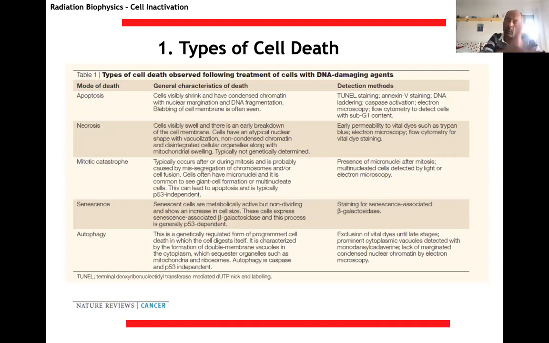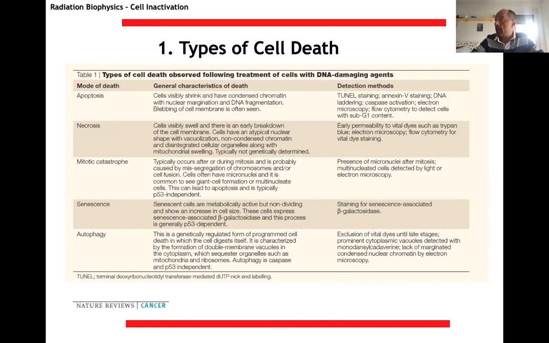You can have all of them after radiation, but mitotic catastrophe is important because it's strictly related to the chromosomal aberrations. It's caused by missegregation of chromosomes and dicentric fusion. Cells often have micronuclei, which we didn't touch on in the chromosomal aberrations, but they are also an expression of the loss of genetic material in the cytoplasm. And you can see giant cell formation.